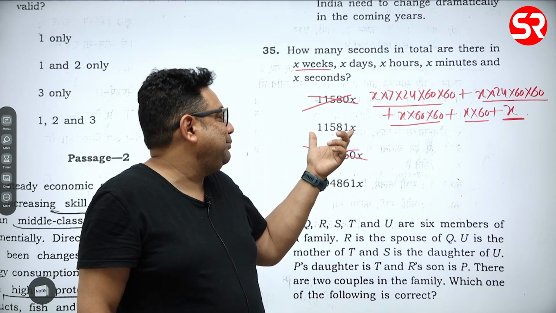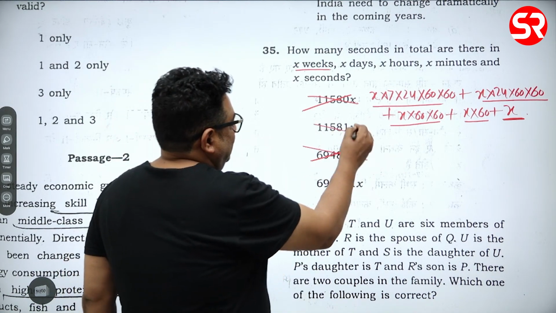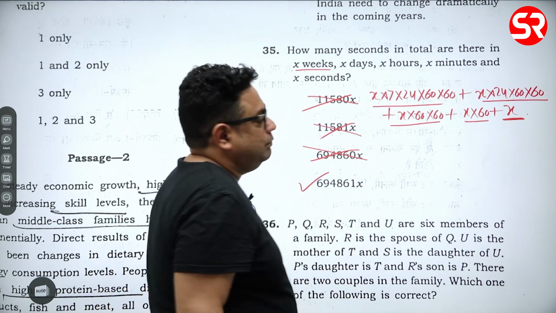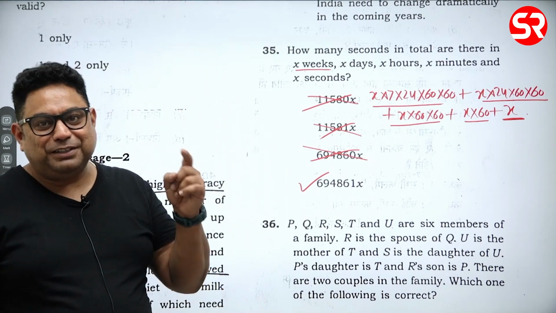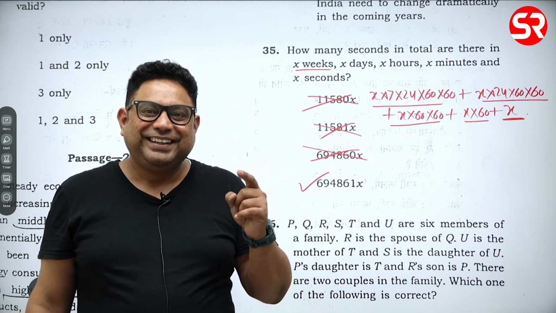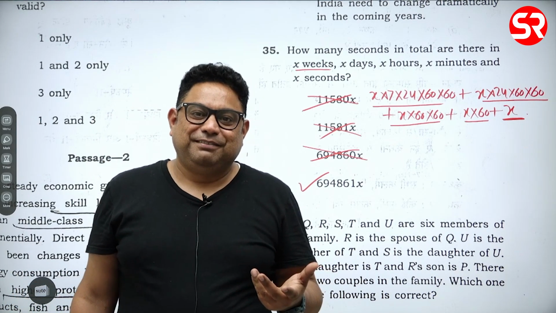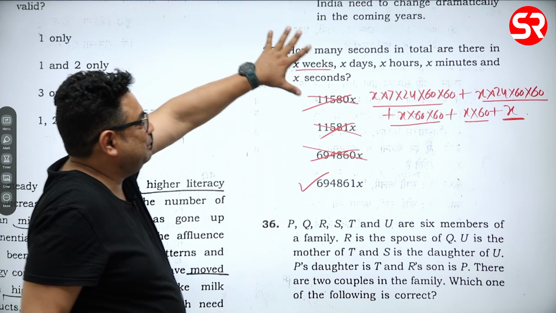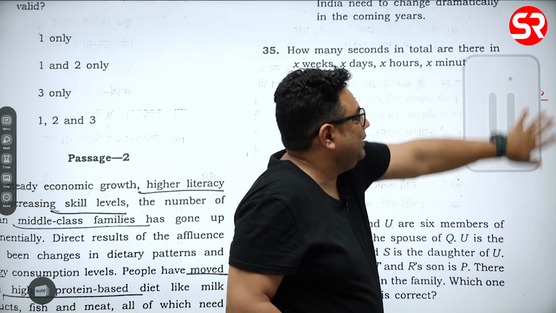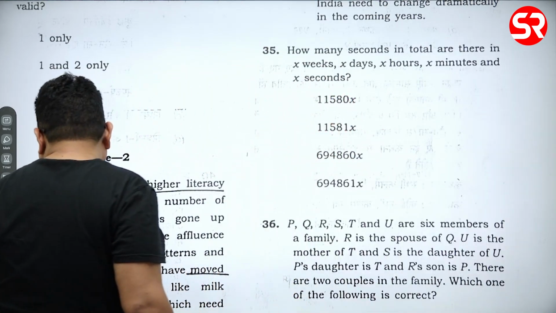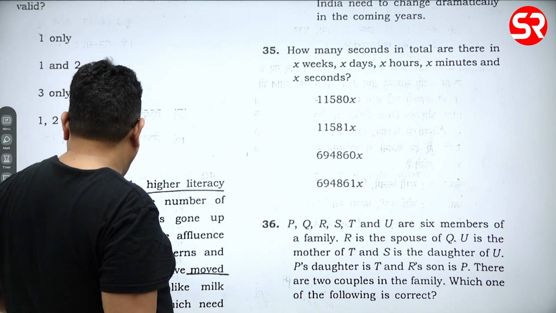It is going to be bigger than 11581. This is the way my student should do it. You don't need to calculate it. That's very simple. Why should you calculate it? So please don't bother too much. Be very smart. Unit digit of a number is an important play.